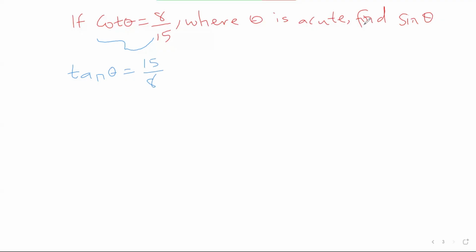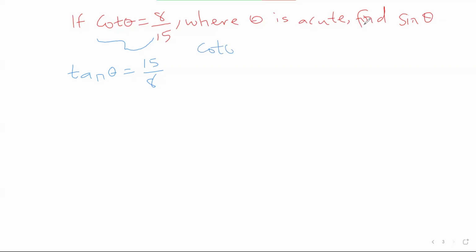We've inverted the value of cot theta, which is 1 over tan theta, to be tan theta over 1. Let me write that out to make it easier.